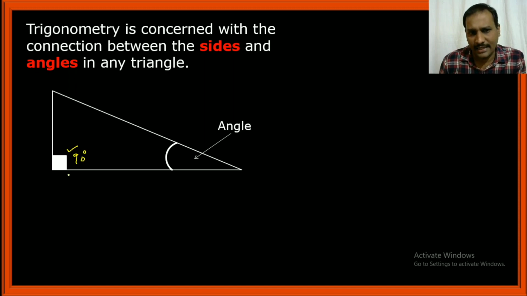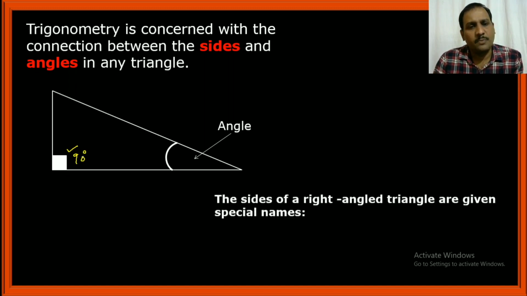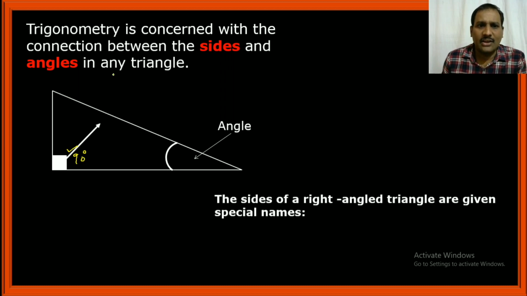That is a right angle. And in this right angled triangle, we have special names for the sides. The side opposite to 90 degrees is called the hypotenuse.